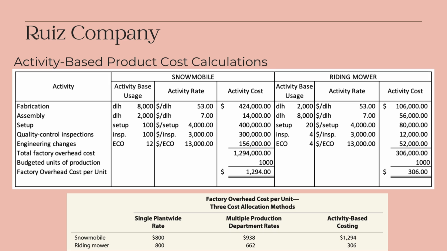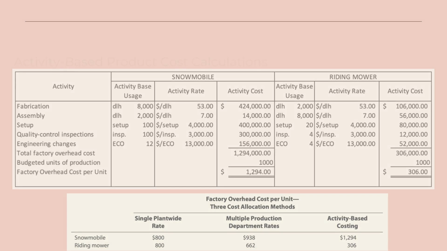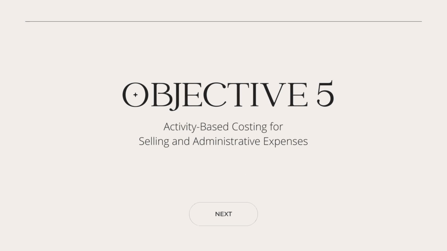This would result in dysfunction in sales because it's not the real factory overhead rate for the different types of products, and it may not be competitive with the other products available in the market.